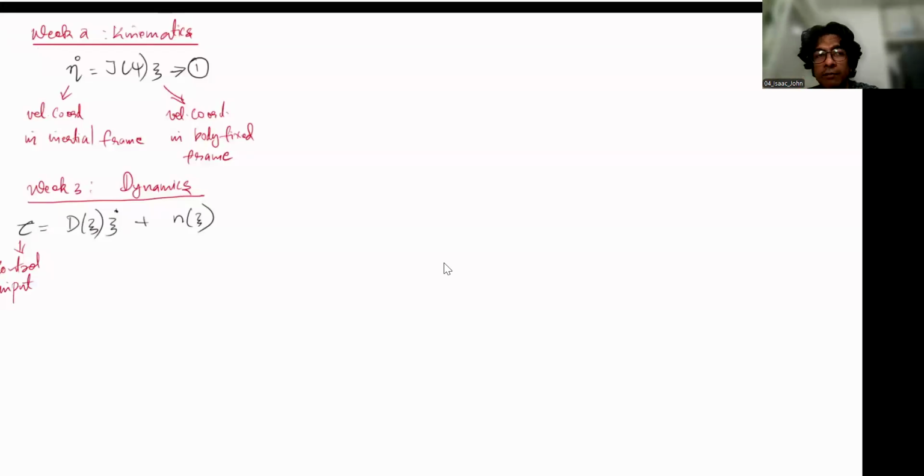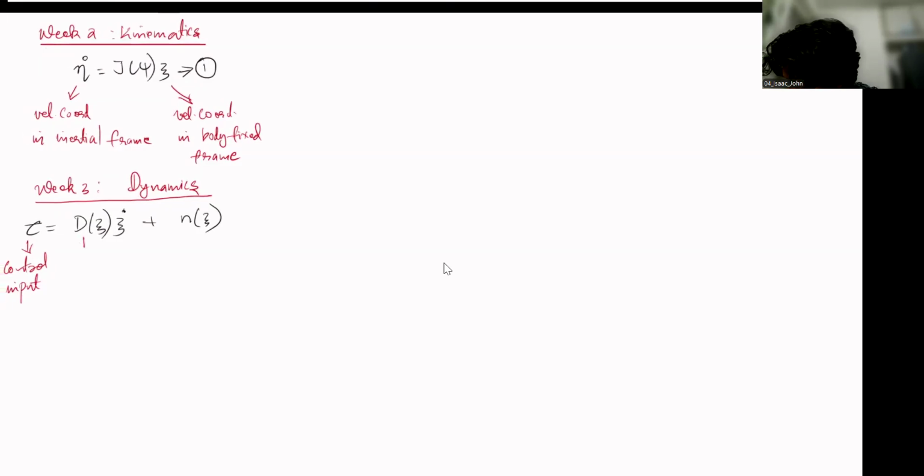This is the force or the torque that we would supply into the motors. D is the inertia matrix, and zeta dot is nothing but the derivative of the velocities, which is accelerations. And this N vector is the vector of centrifugal and Coriolis effects. We have actually seen the derivation of all these things in week 3. So I label this as equation 2.